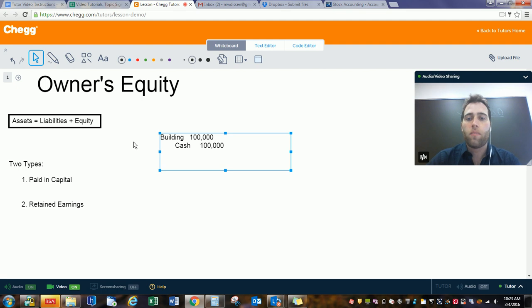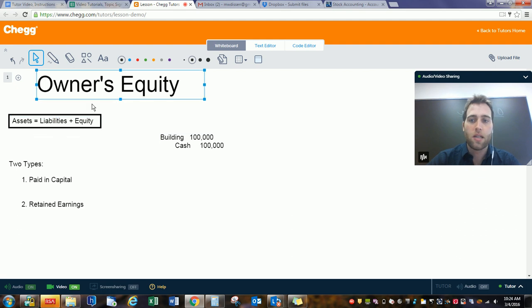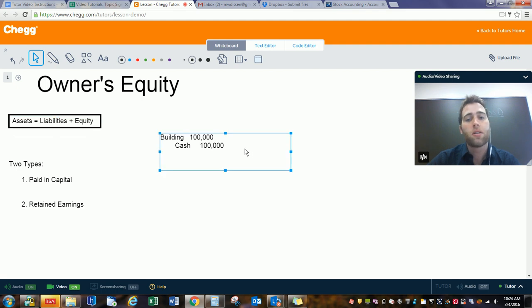Building is an asset, so that went up by $100,000. They got a new building, and they paid in cash, which is also an asset, so an asset went down by $100,000. You'll see that assets goes up and then goes back down, so that doesn't affect equity at all. Equity stays the same. It's exactly where it was when we started.